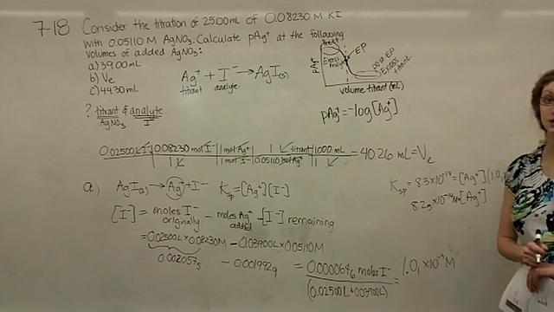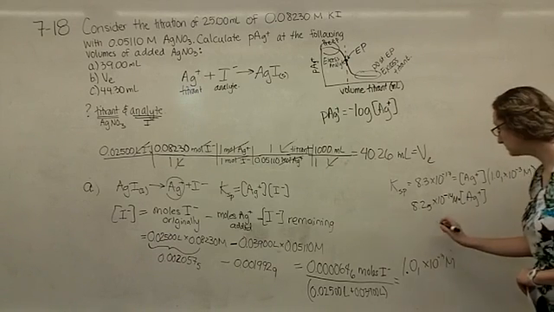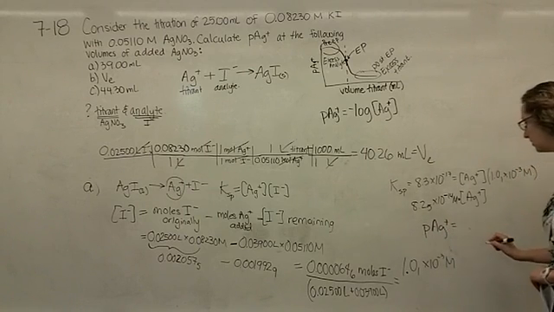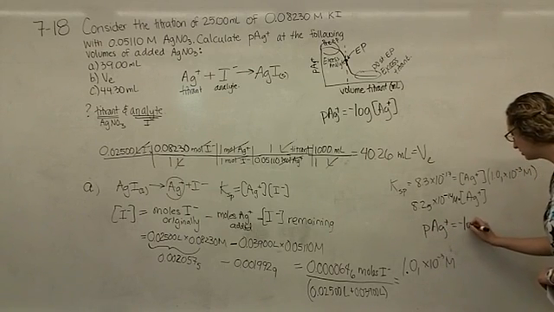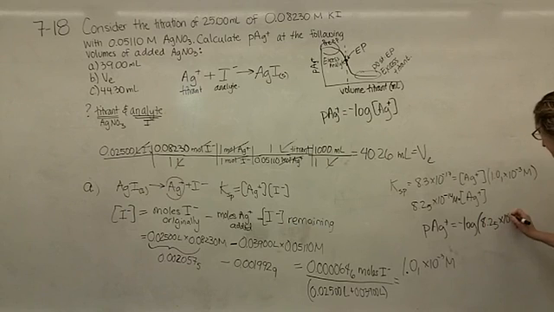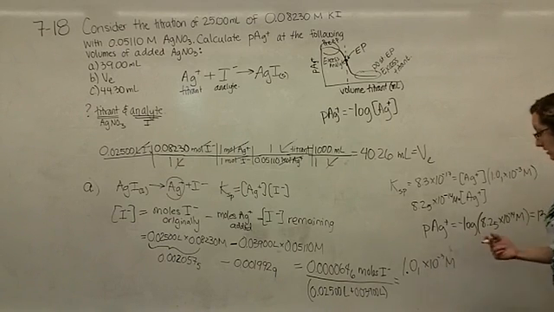Now I want the pAg+, and the pAg+ is equal to negative log of your 8.25 times 10 to the minus 14 molar, which equals 13, and we have two significant figures here.